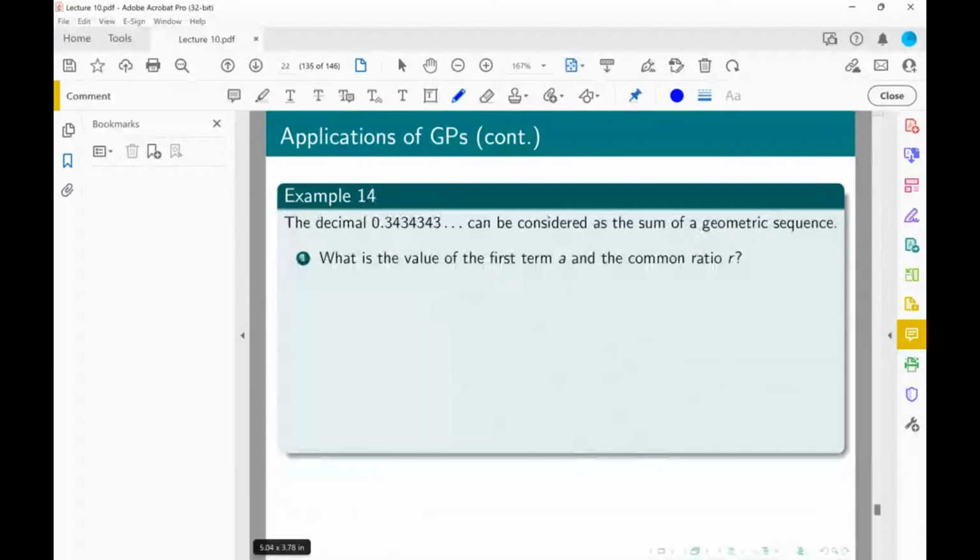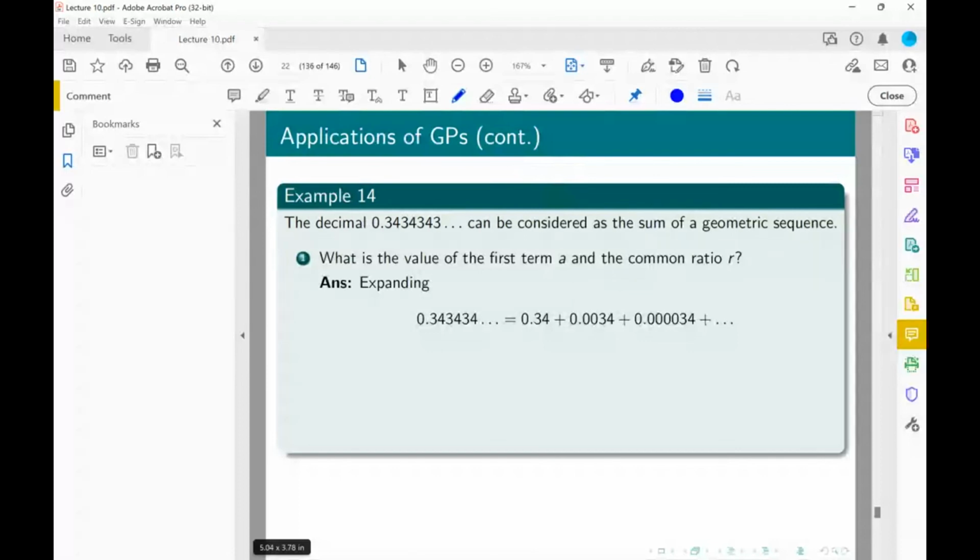Okay, so this is a slightly different repeating decimal. This is 0.34 repeater on both digits, so 0.343434. And we can still consider this as the sum of a GP. What's the first term and the common ratio? Let's spell this out. How can we read 0.343434?